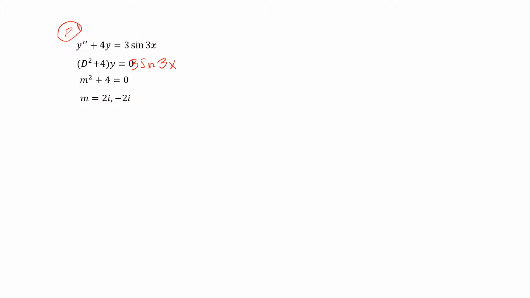Remember, this is the same as m equals the square root of negative 4, plus and minus, and therefore this is plus minus 2i. So the solution of the auxiliary equation, or the complementary solution, y sub c, is c1 cosine 2x plus c2 sine 2x, based on these roots of 2i and negative 2i.